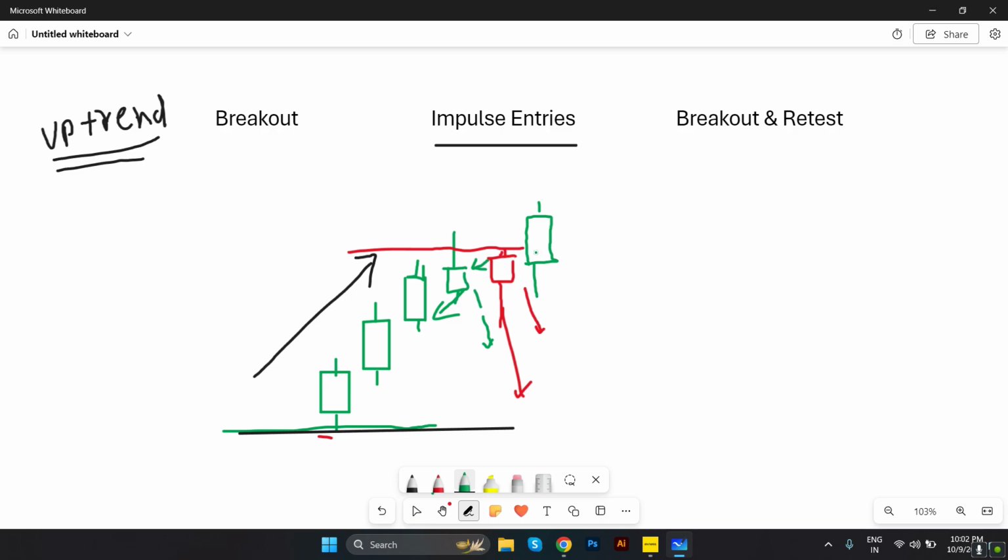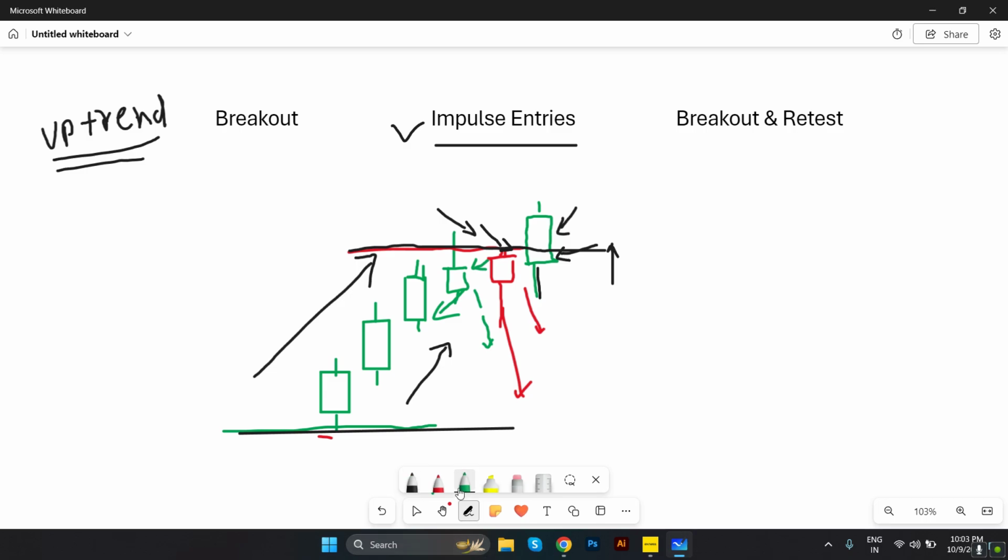As soon as this candle breaks the high of the previous candle, I would enter with an impulse entry. This is a perfect example of an impulse entry where price is trending bullish. Price created a resistance. The next candle wicks down and starts breaking the high of the previous candle. Boom. My impulse entry goes right over there.